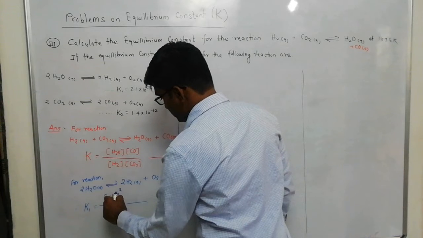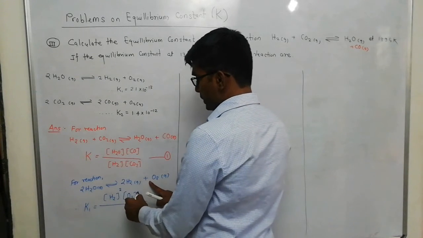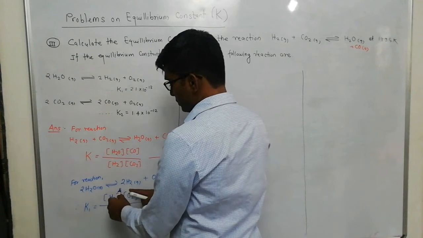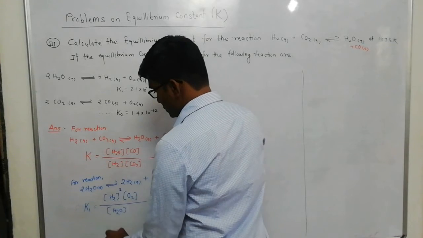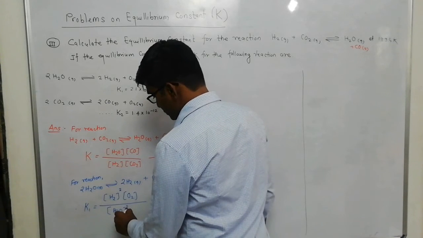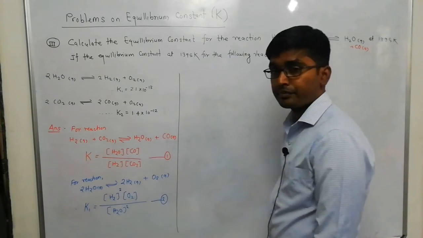This is hydrogen squared into oxygen, stoichiometric coefficient is 1 so raised to 1, here 2 so raised to 2, divided by concentration of water, stoichiometric coefficient is 2, so raised to 2. This is equation number 2.